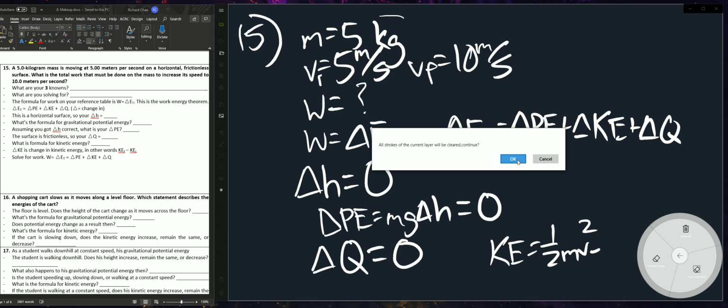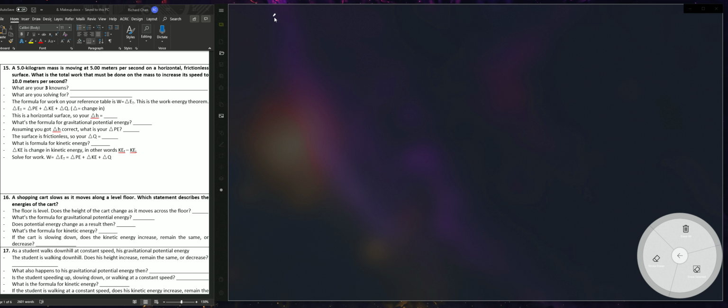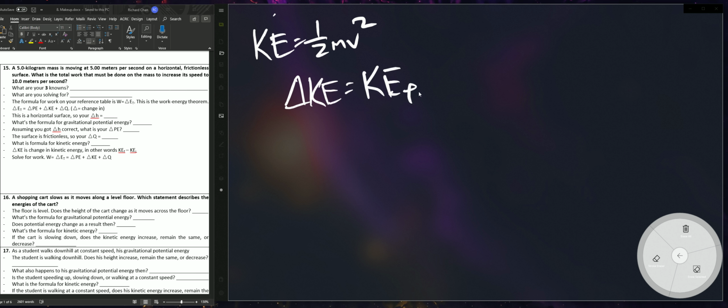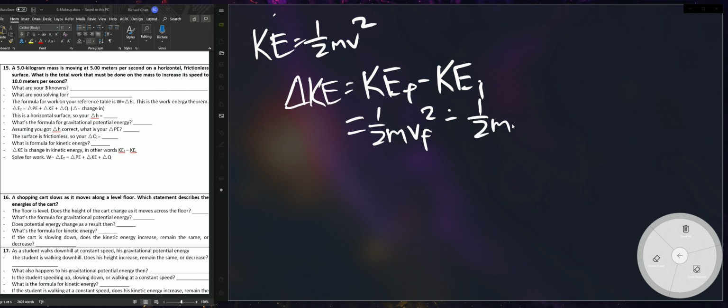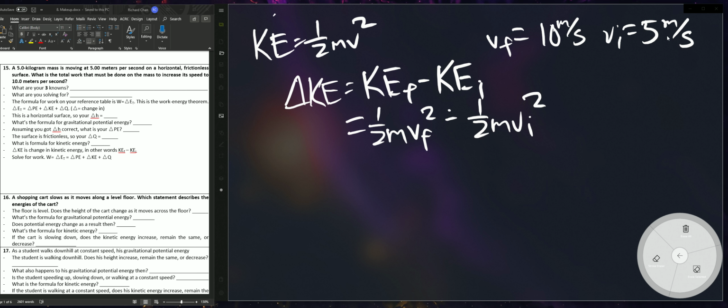Hopefully you guys remember this. Your formula for kinetic energy is 1/2 mv squared. So we know that change in kinetic energy is kinetic energy final minus kinetic energy initial. So 1/2 m vf squared minus 1/2 m vi squared. Your vf is 10 meters per second, your vi is 5 meters per second, and m is 5.